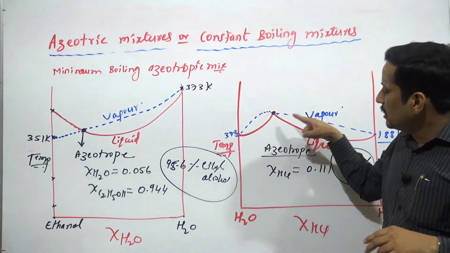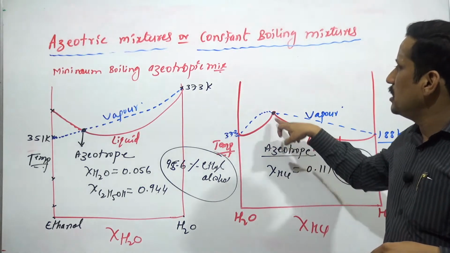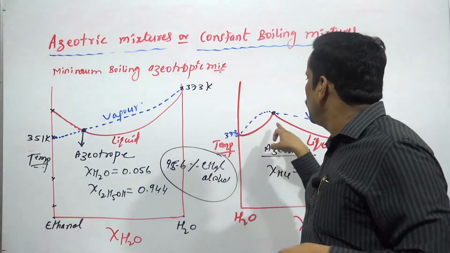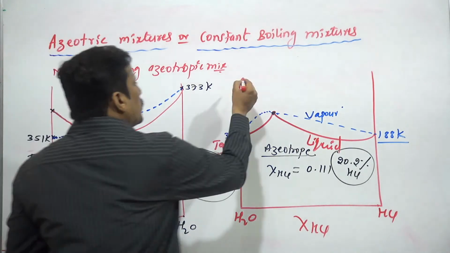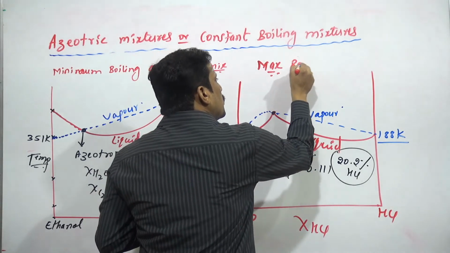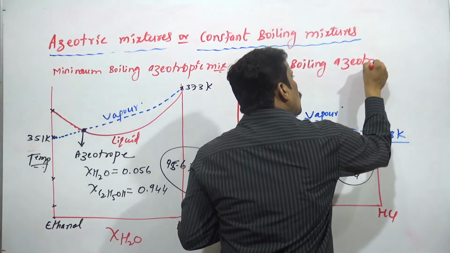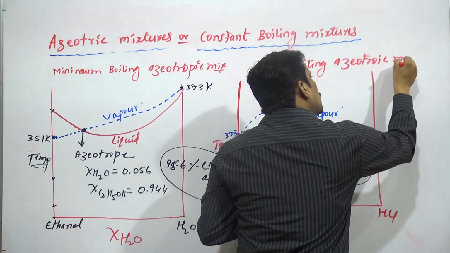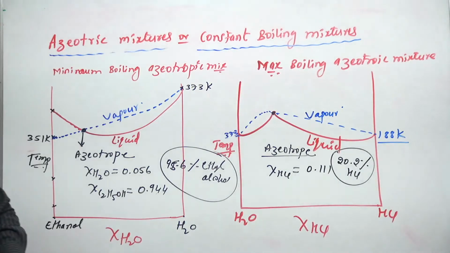You see, this point is a minimum boiling azeotropic mixture and this one is a maximum boiling azeotropic mixture. Second one is the maximum boiling azeotropic mixture.